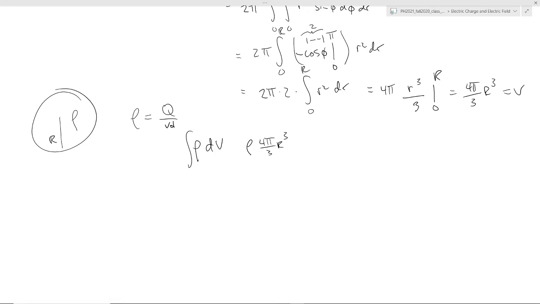But where it gets interesting is what if this rho depends on r? In principle, it could depend on the angle as well. But suppose instead you have a rho that is a function of r. So for example, maybe it's got some initial value in the center, and then it drops off like this.